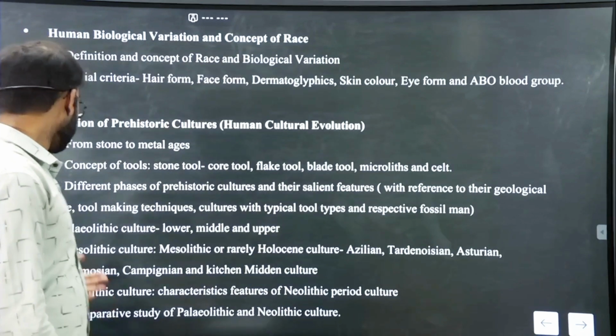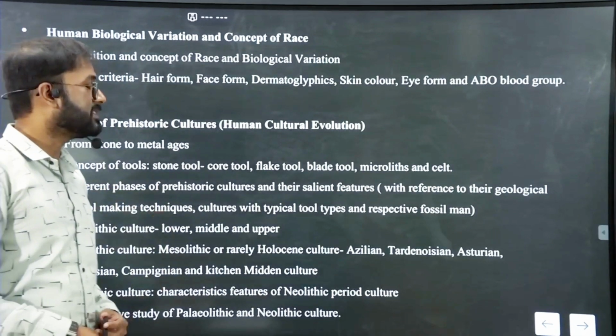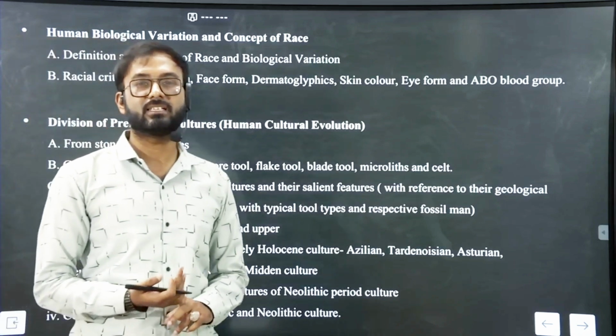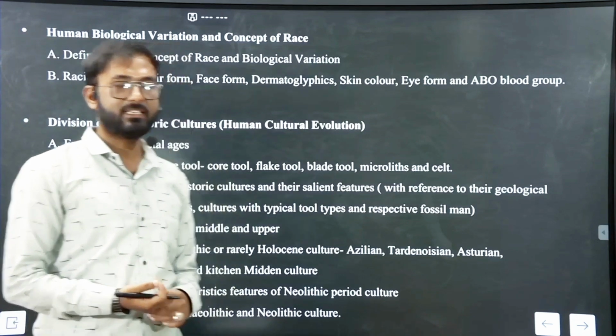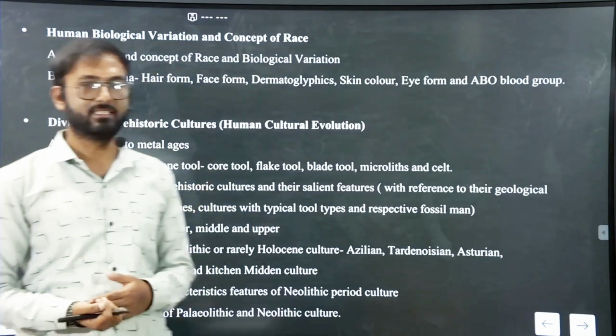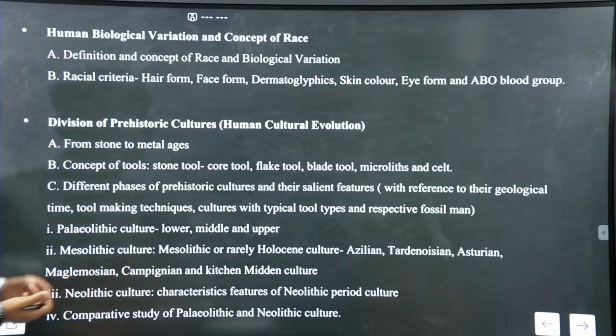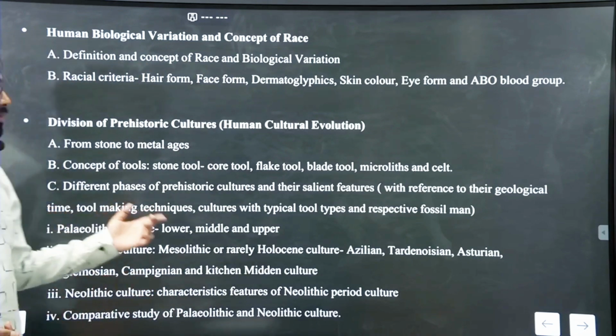And then the last one is the different phases of prehistoric cultures and their salient features. So there are different cultures in prehistory, from stone to metal ages. Stone means lithic culture. In lithic culture, we first study Paleolithic culture, which has three divisions: lower, middle and upper.